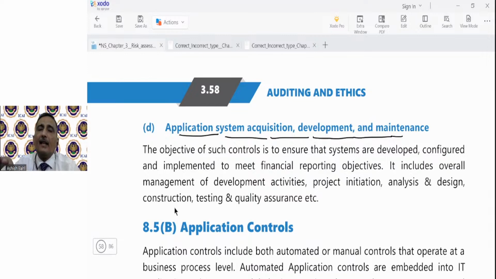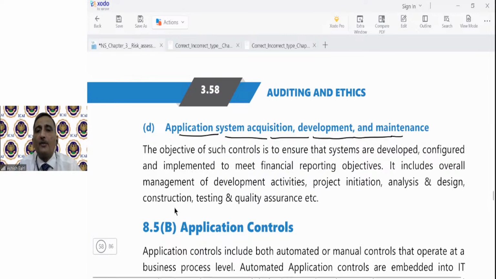This means that a company wants to acquire some new application. So how would this application be acquired? Whether it would be acquired from the vendor, whether it would be customized, or whether it would be developed in-house. These type of things are considered in such type of controls.